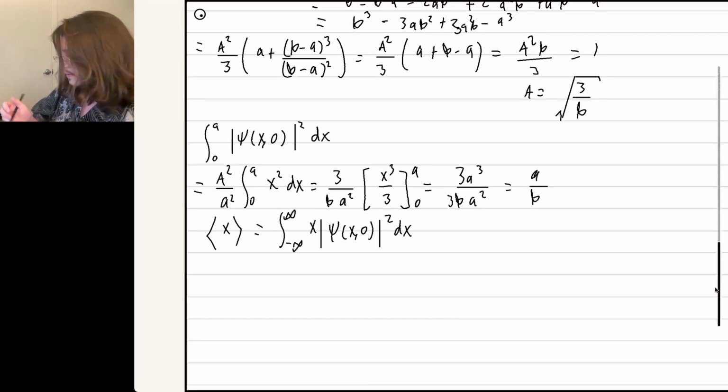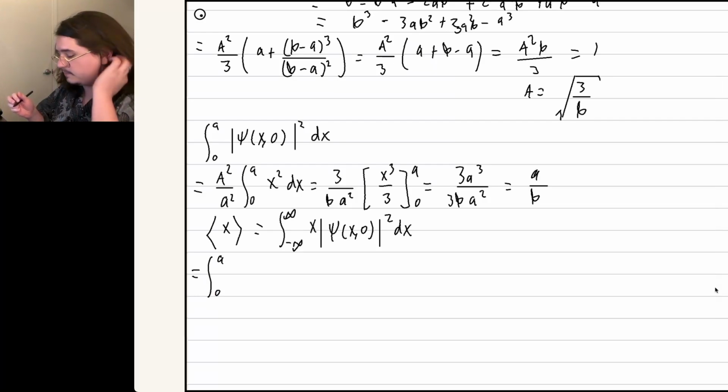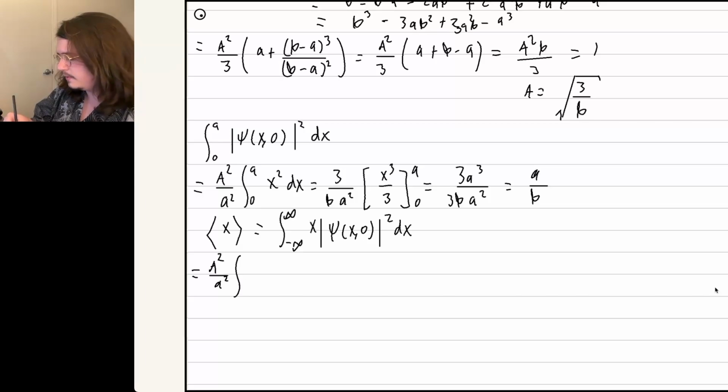So again, splitting it up from 0 to a and a to b, you got capital A squared over a squared.